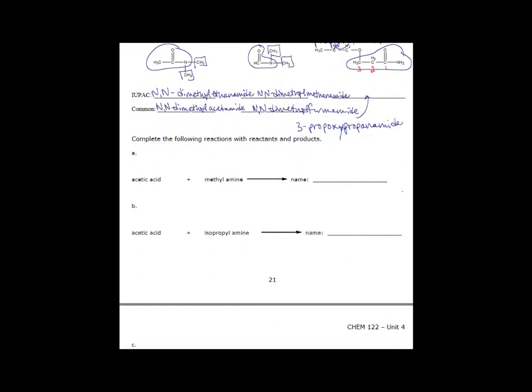Okay, at the bottom of page 21, I have reactants, the names, and I want you to draw them and then draw the products and name them if there's a line underneath. So hit pause and work on filling these out. The first one, acetic acid, methylamine.